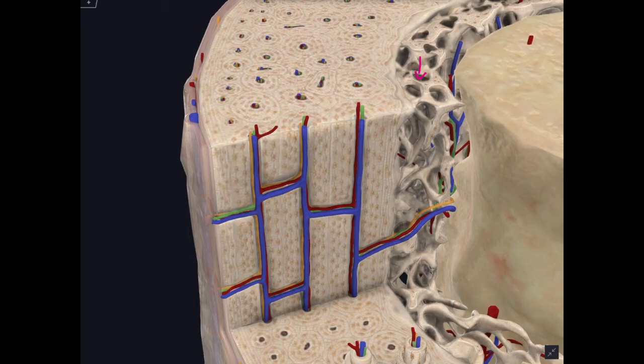In transverse section, the osteons may appear as circular, oval or ellipsoidal. The number of lamellae in each osteon is highly variable. The average number of lamellae in one osteon is 6.